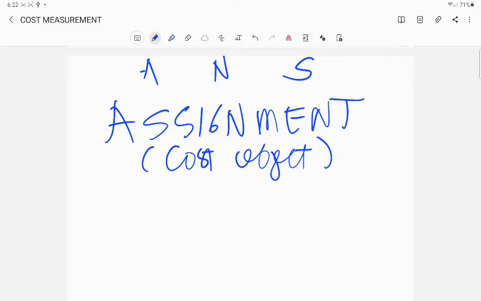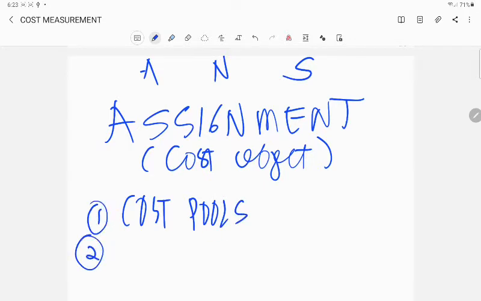Pero bago tayo magpunta doon, pag-usapan muna natin, ano yung mga crucial na mga konsepto dito aside sa cost object. You have, which will form part of your experience point, no? This will be what? You have cost pools. Okay?